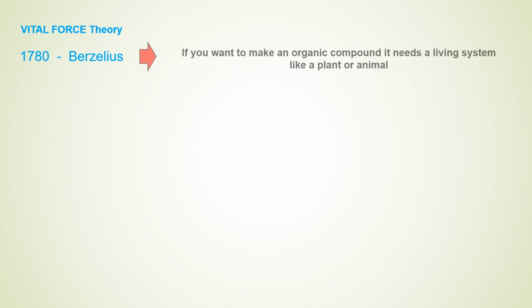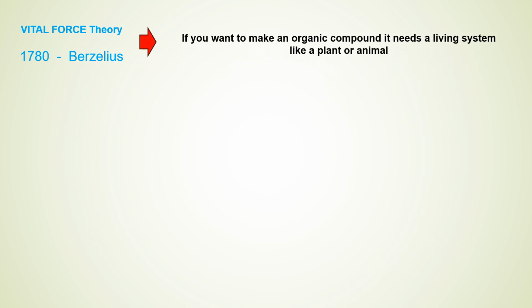So if we go to the basics of these carbon compounds of organic chemistry, it is not very old. Previously, in the 1780s, Berzelius used to tell us one theory, the vital force theory. It was very well known and common among all the organic chemists that if you want to make an organic compound, it needs a living system like a plant or animal.